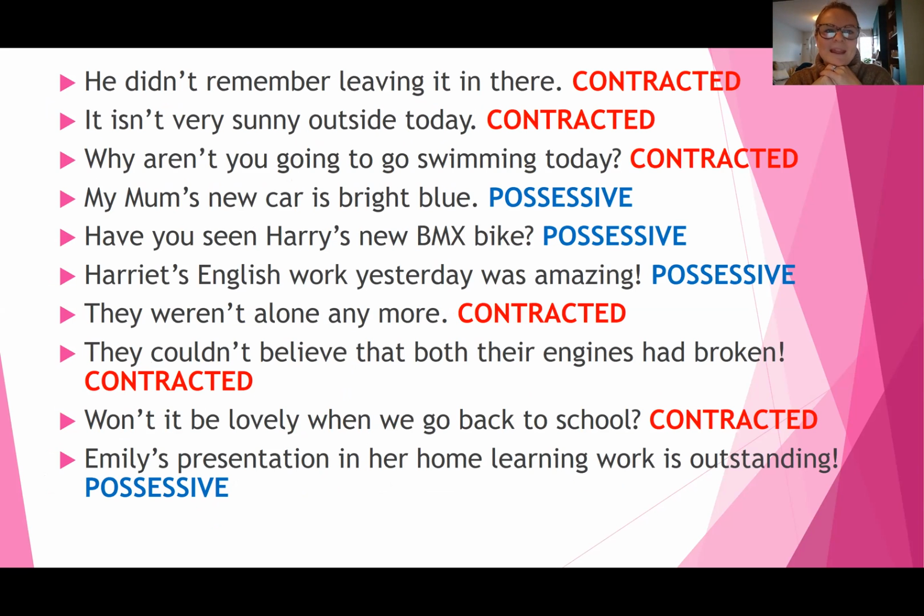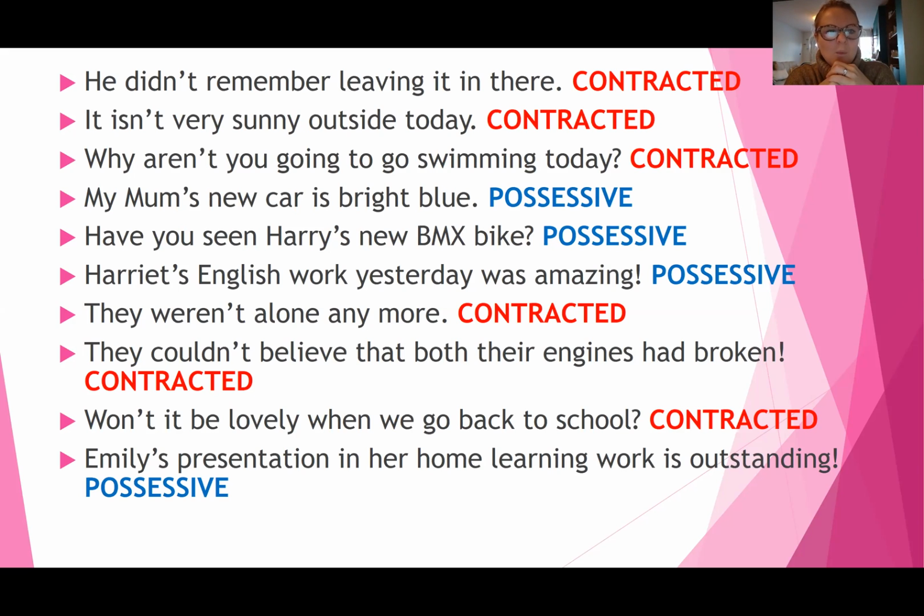Next one. It isn't very sunny outside today. That one is also the contracted form because isn't is the word is and not joined together to make the word isn't. So well done if you got that one right. You can give yourself a pat on the back.